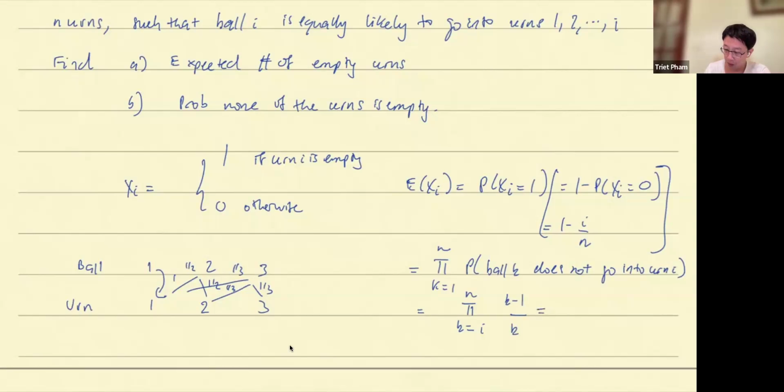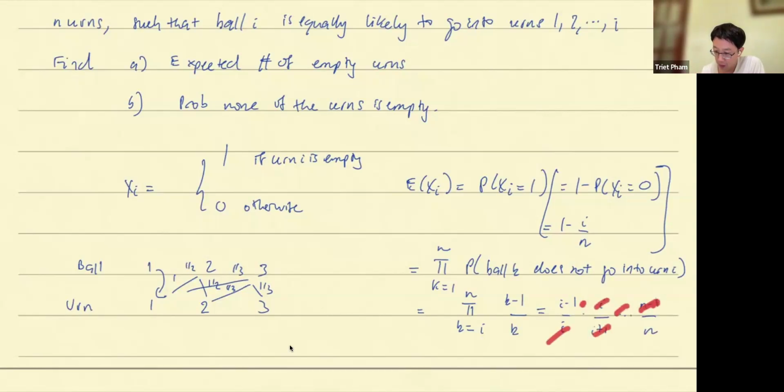And then that would be I minus 1 over I times I over I plus 1, etc. The last one will be N minus 1 over N. And so you see this is a telescoping product, if you will.